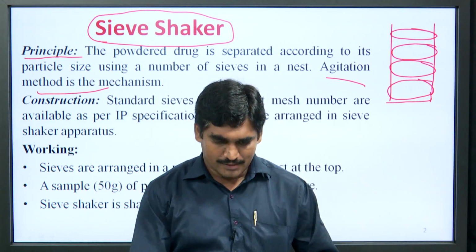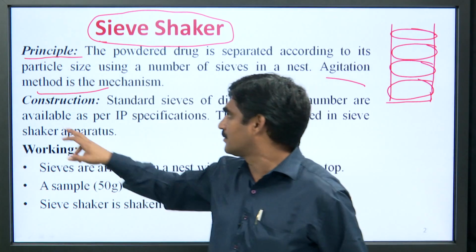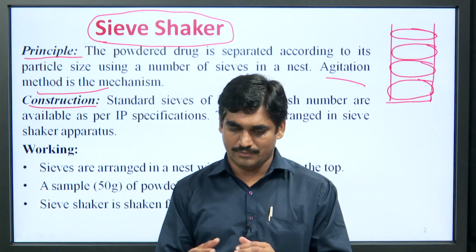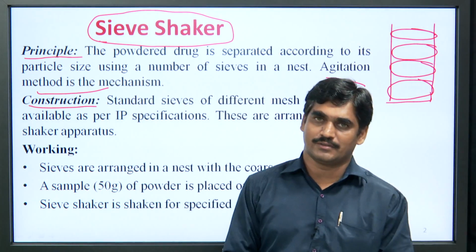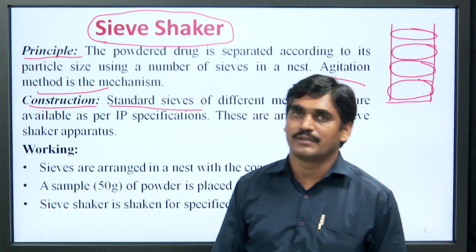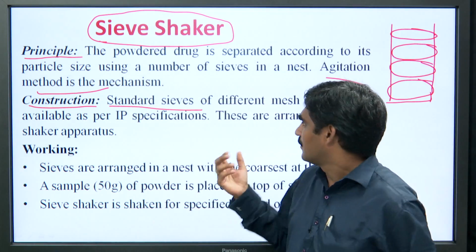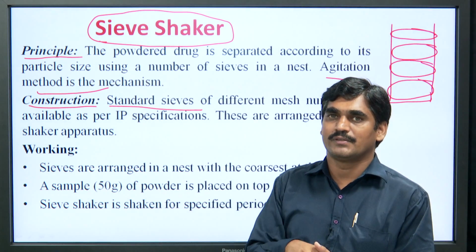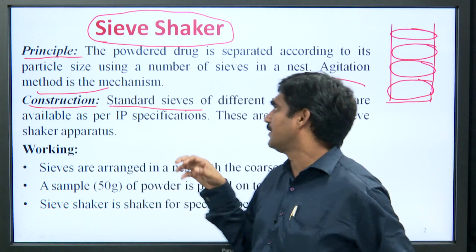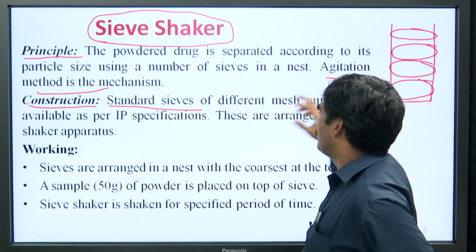So, how is this sieve shaker constructed, or what are the different things used in its construction? We are using three things. One is standard sieves, that means as per official specifications, the different sieves that we are using in a nested form.